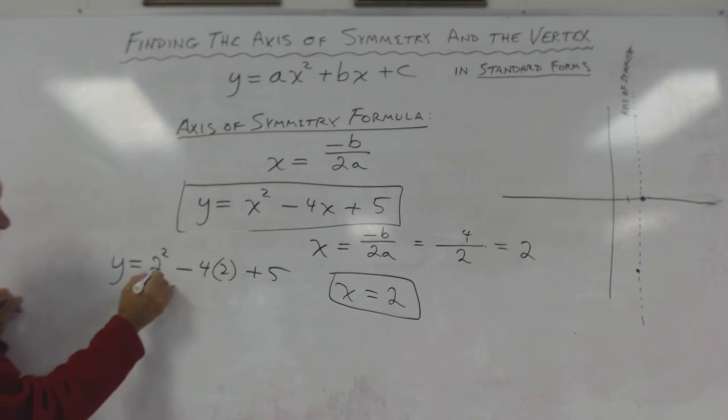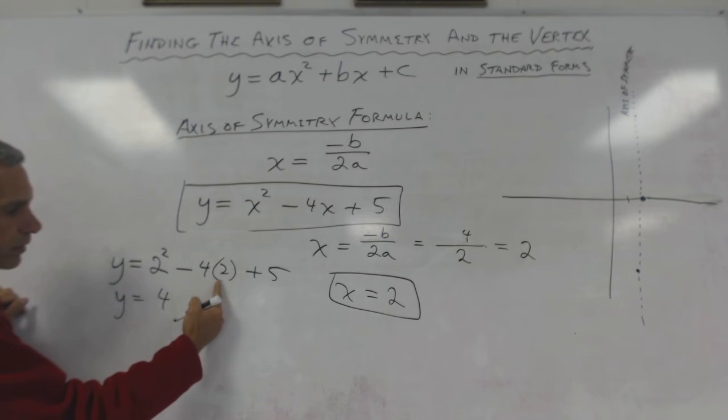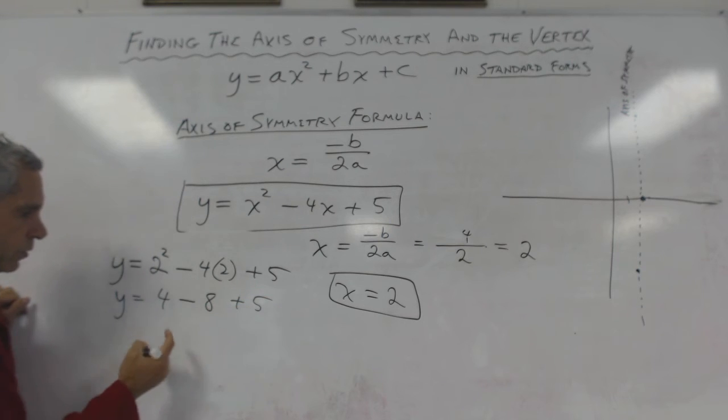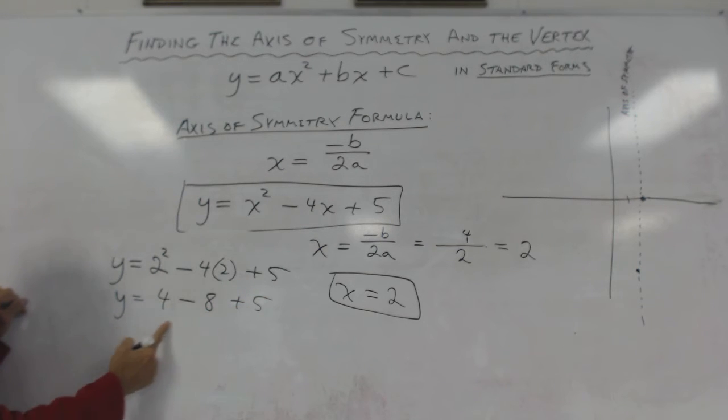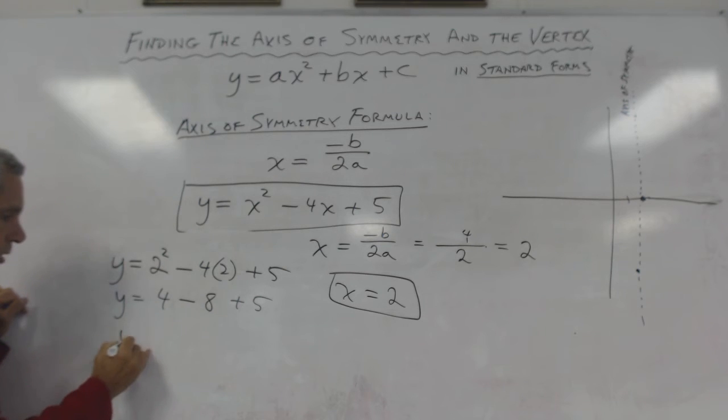What's 2 squared? 4. So y is equal to 4 minus 8, plus 5. 4 minus 8 is negative 4. Plus 5, that's just 1. So y equals 1.